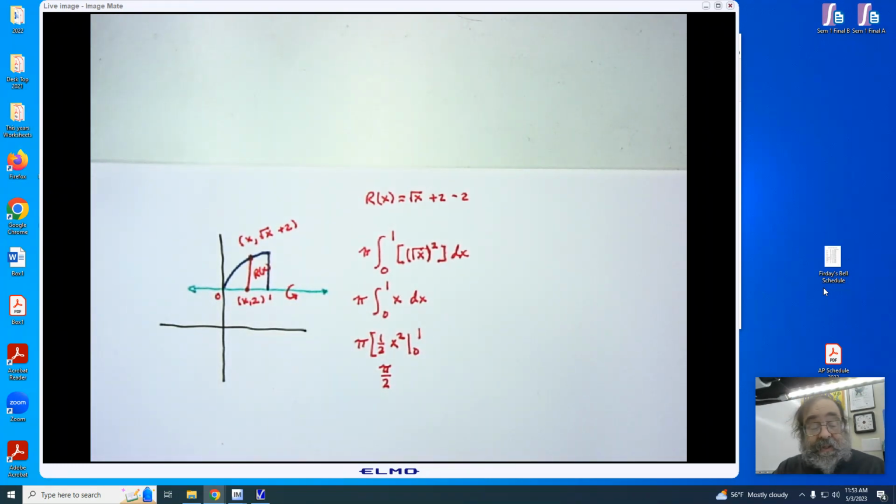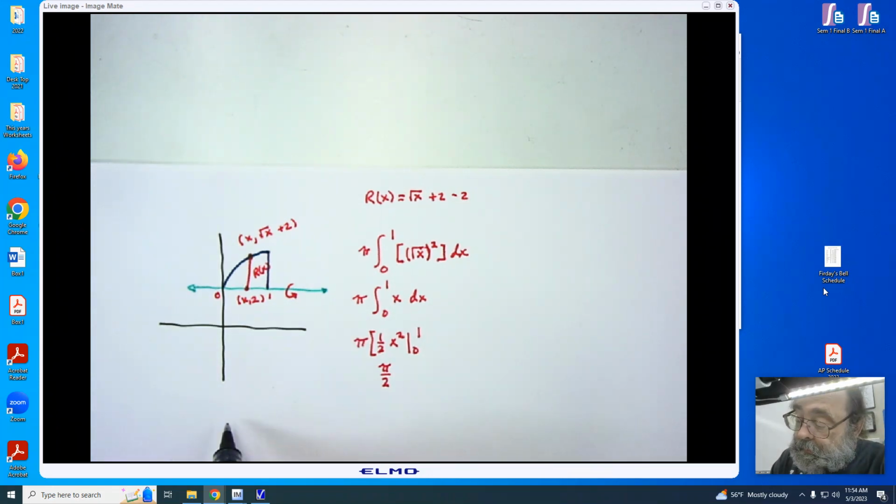Let's now take the same graph, but we're going to move our axis of rotation way down lower, so let's go to -1. Same curve. Don't change anything yet.